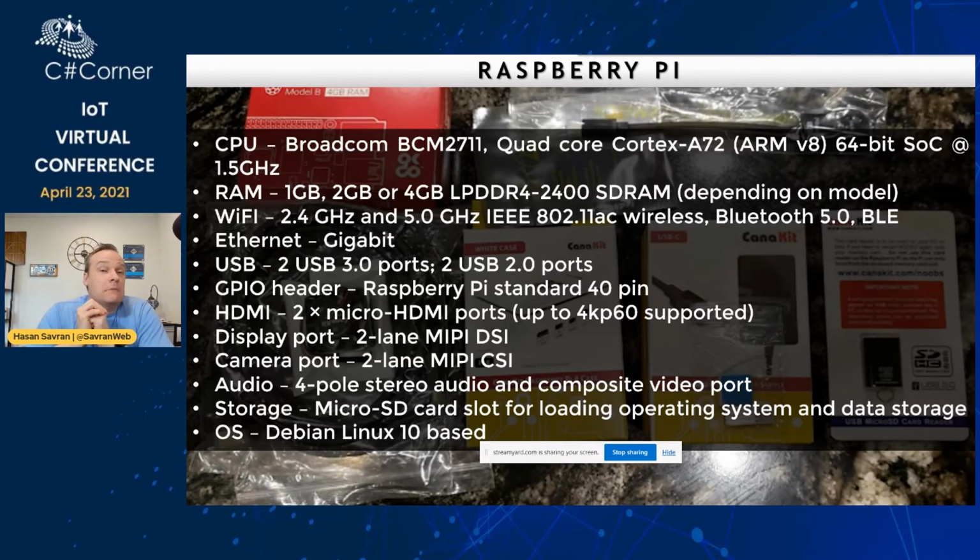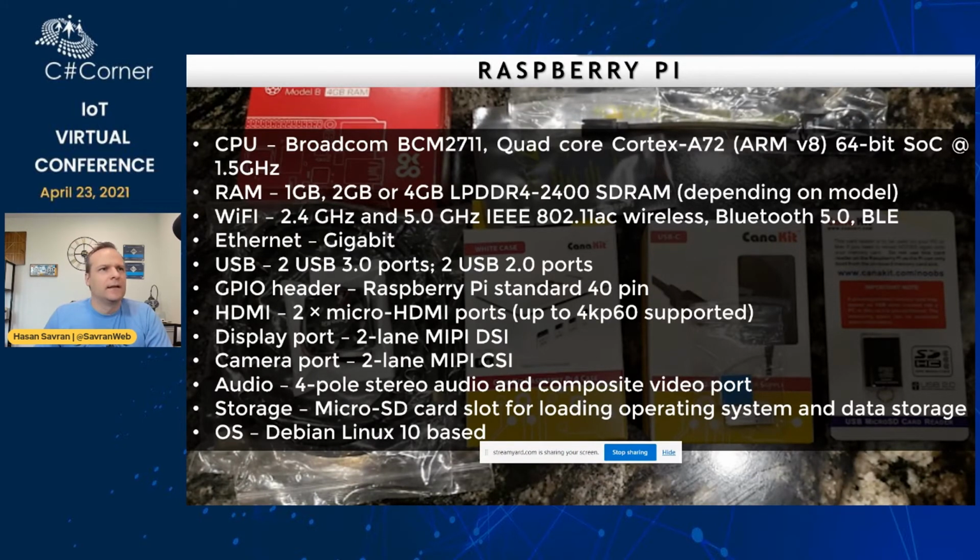The problem is I'm really not a Linux person, and this device came with Linux. So I had to find a way from Windows to go to Linux, run those commands, and install this runtime on this device.